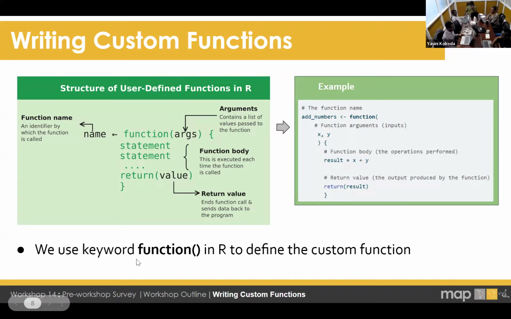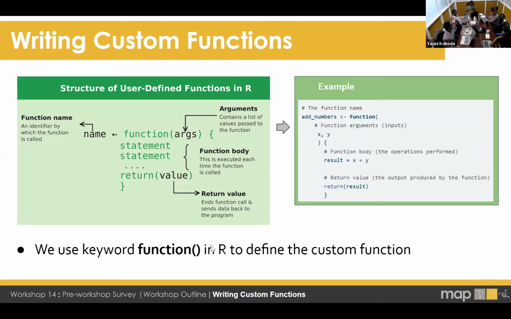So to highlight the most important thing in R, we use the function keyword to tell R that what I'm writing is a function. You can see I bolded it at the bottom here, function keyword. If you go to languages like Python, they use def.